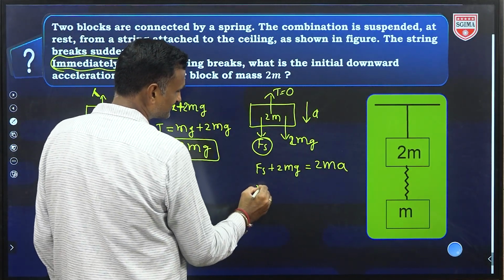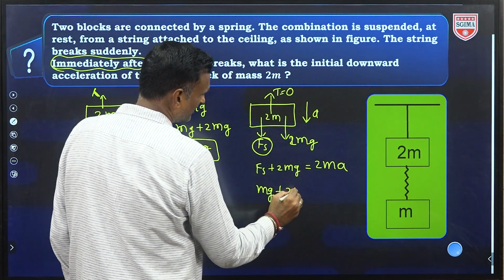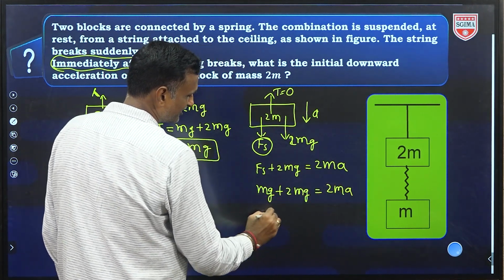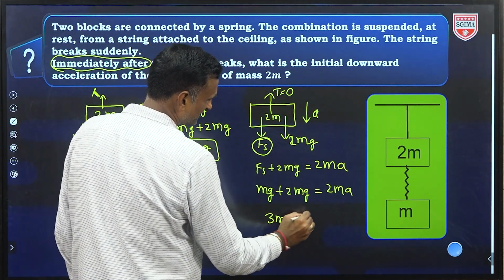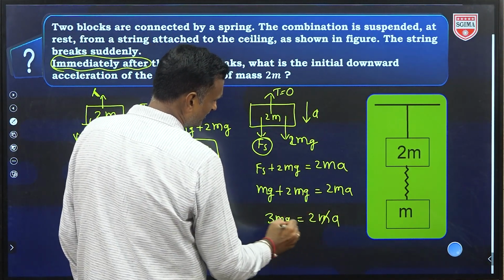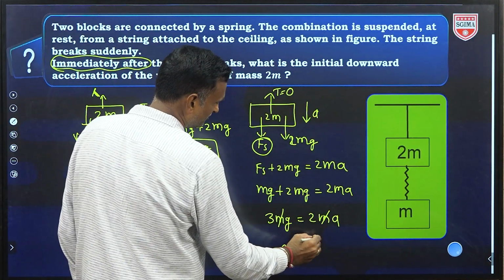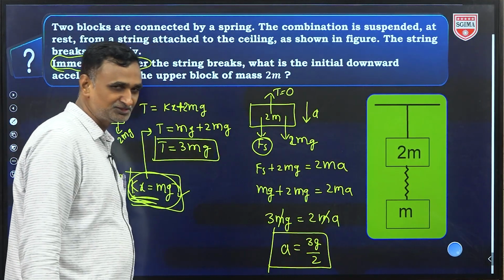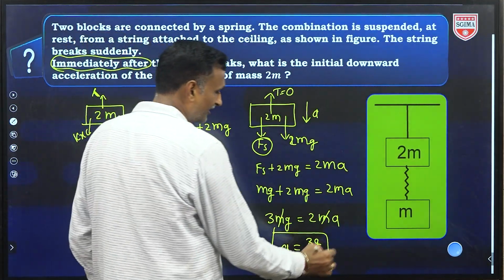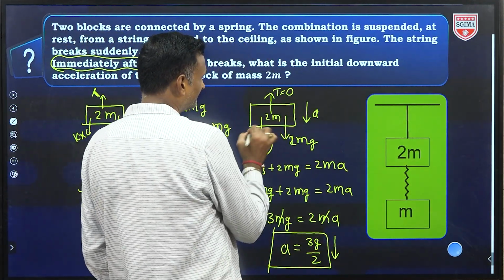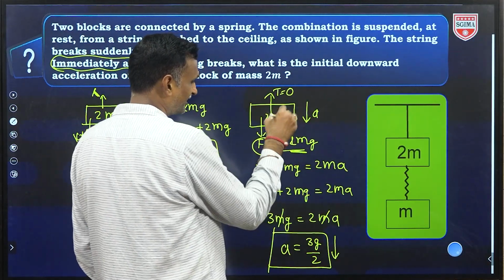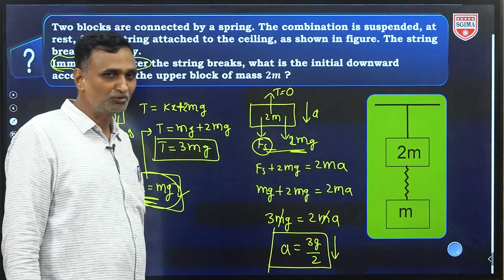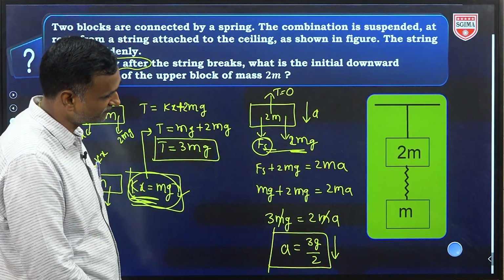The same force acts here, mg plus 2mg equal to 2ma. So here we can simplify, this is 3mg equal to 2ma, m cancels, a equal to 3g by 2. This is the acceleration of the 2m block in the downward direction, because both the forces are acting downward, so its acceleration is downward.